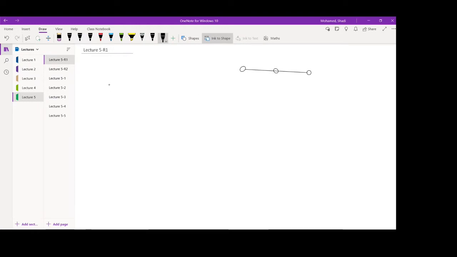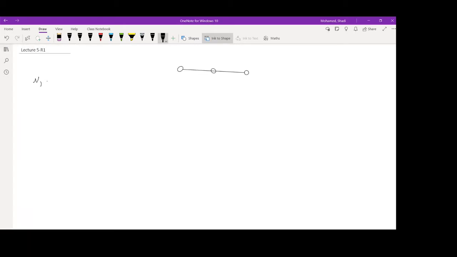I'm just going to write them down. N1 is equal to 1 minus 3x over L plus 2x squared over L squared.